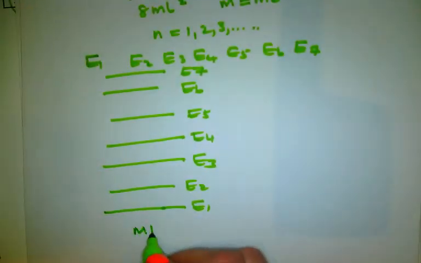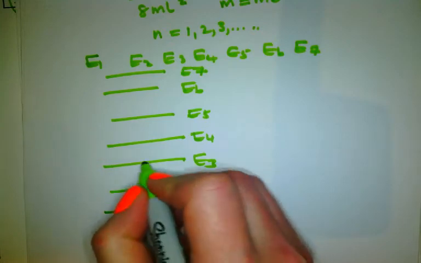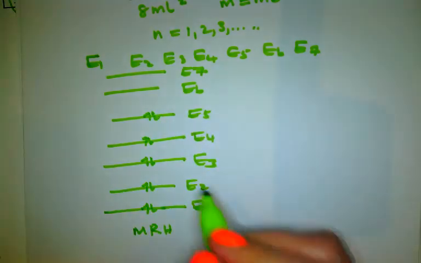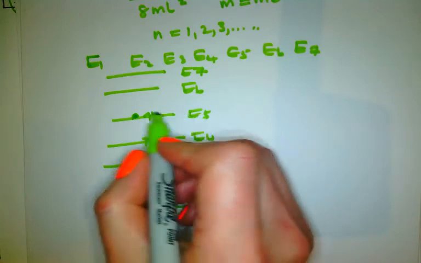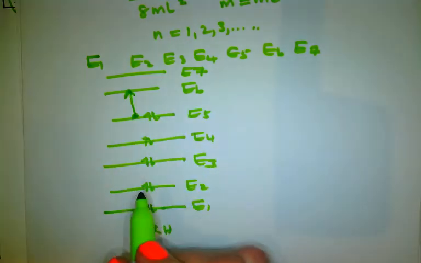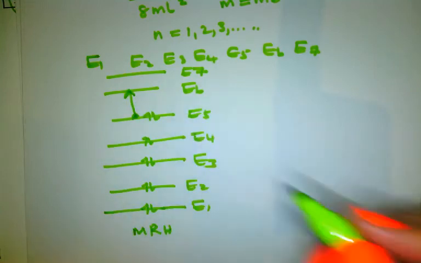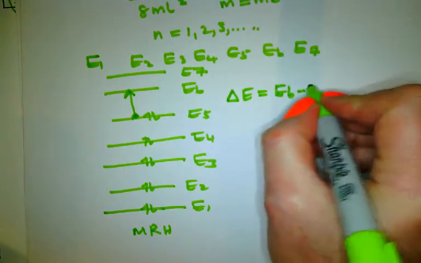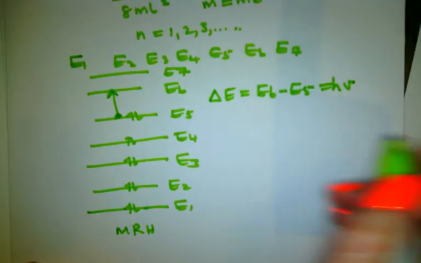For MRH, we have 10 electrons: 1, 2, 3, 4, 5, 6, 7, 8, 9, 10. When it absorbs, an electron will go from the highest filled level, which is E5, to the lowest unoccupied level, which is E6. So my delta E is E6 minus E5, which would be h nu.